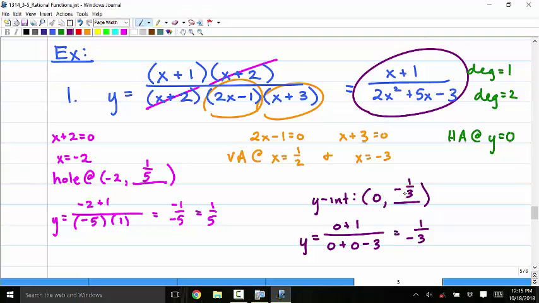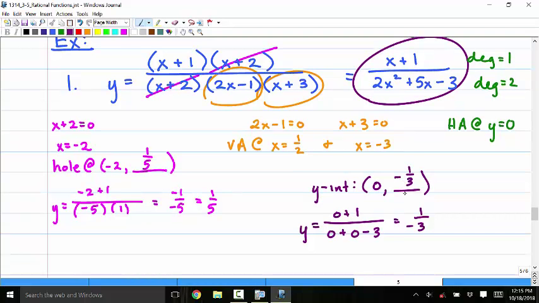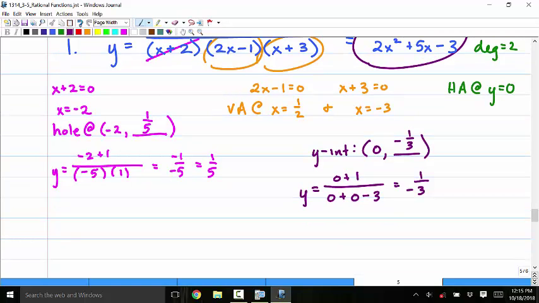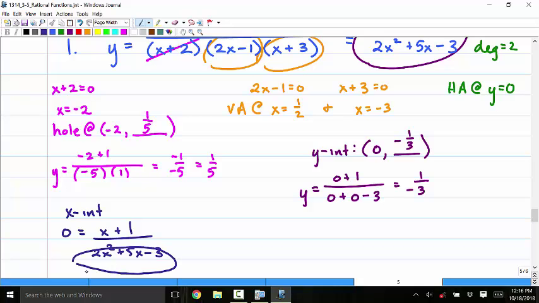For x-intercepts, I want y to equal 0, correct? For my x-intercepts, I let y equal 0. 0 equals, what was my reduced equation? X plus 1 over 2x squared plus 5x minus 3. Do you see if I multiply both sides by the denominator, I get the denominator times 0?